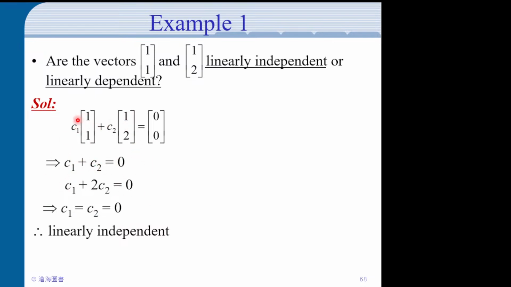We check the first coordinate and the second coordinate: c1 plus c2 should equal 0, and c1 plus 2c2 equals 0. Then you solve this and find out both of them are 0. So we only have the solution c1 equals c2 equals 0, so they are linearly independent.